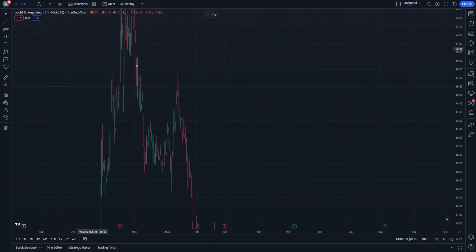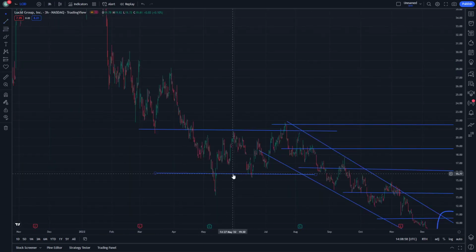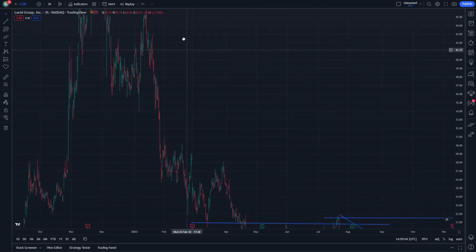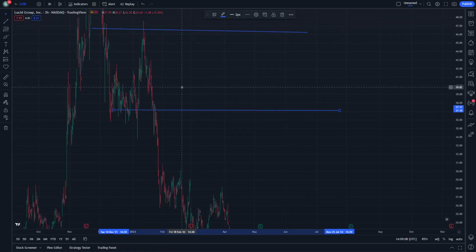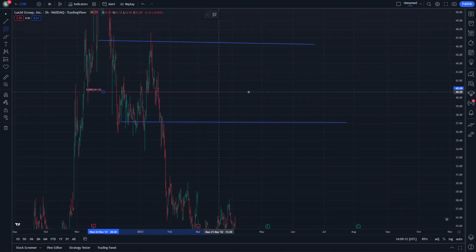So we can calculate the number of trend lines from this level to the lower level. Since we can see the value here, it's going to be about 46 USD, and then it decreases to this level. So this is going to be the first trend line that it can meet, or maybe this trend line.